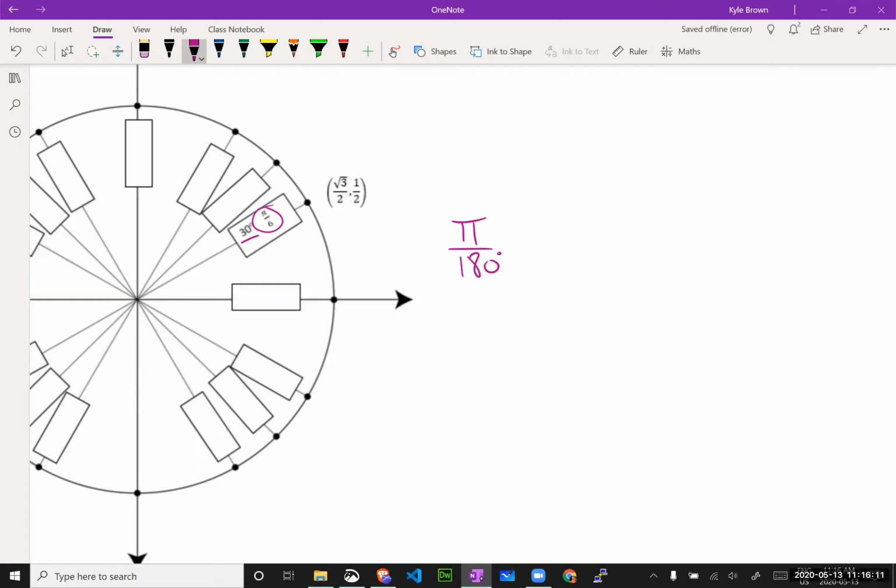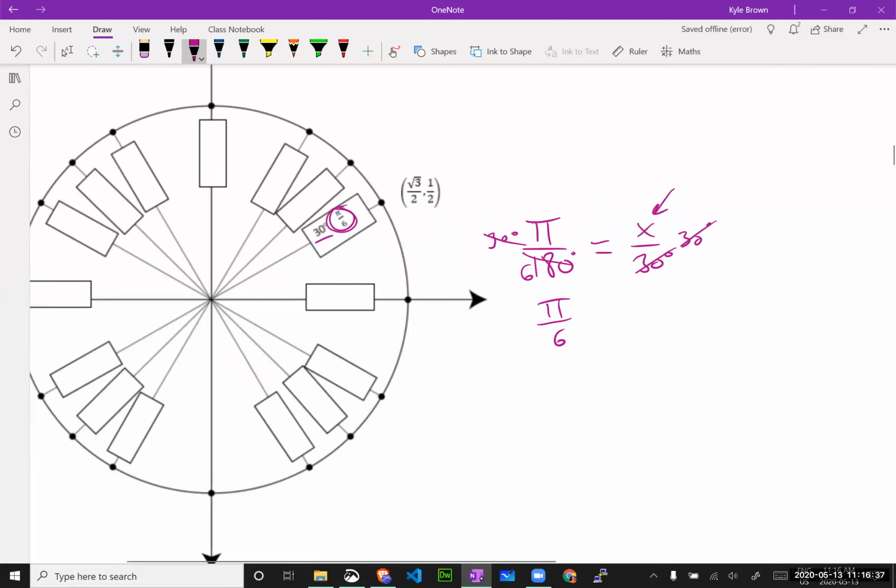So I'm going to set it up as pi/180 is the same ratio as x over 30 degrees, and I'm looking for x, because I want to turn this into radians. So I'm going to multiply both sides by 30 degrees, so they cancel. And then simplifying that, the bottom just becomes 6, so that'd be the same thing as pi/6. All right, so that's where we got that from.